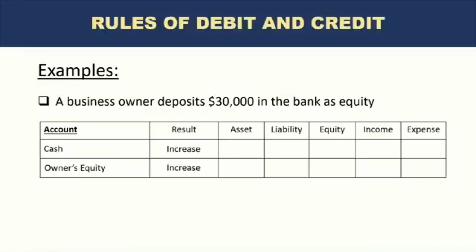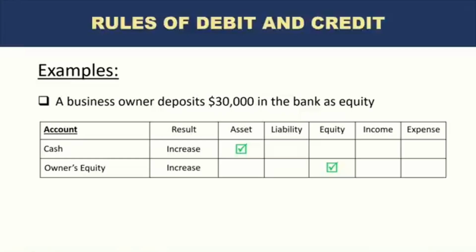What is the nature of the cash account? Is it an asset, liability, equity, income, or expense? By now, I'm sure you know cash is an asset. And what about equity? Well, the name says it. Equity is equity, right? So we can see that there is an increase in cash, which is an asset, and there is an increase in equity, which is equity. So what did we learn about the rules of accounting?